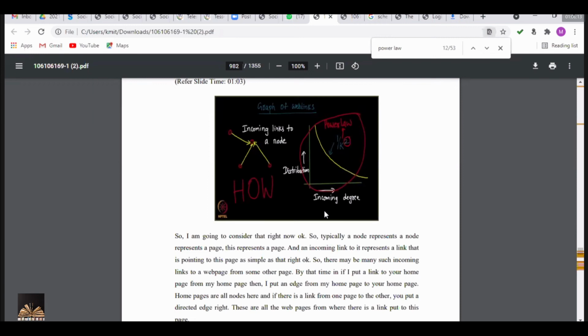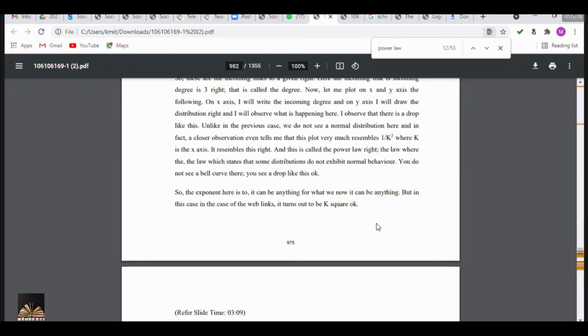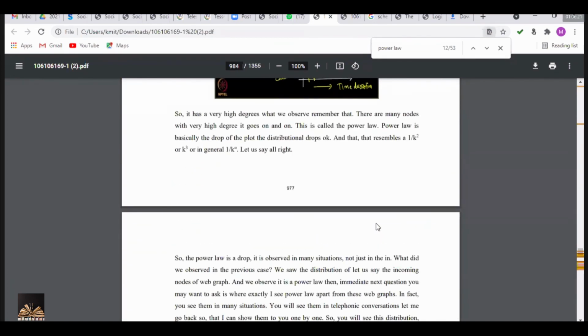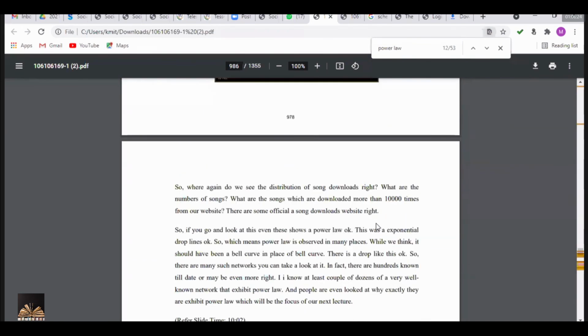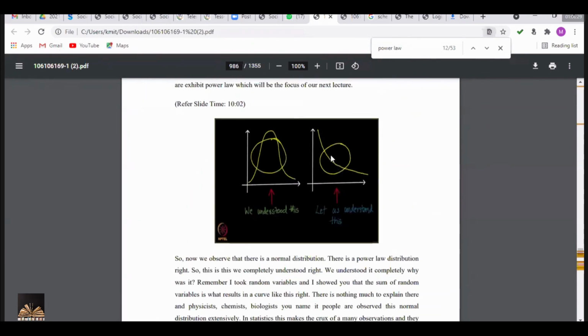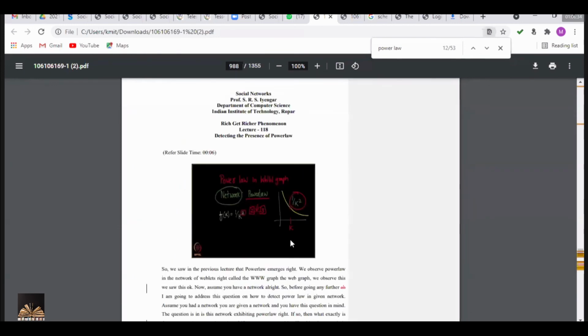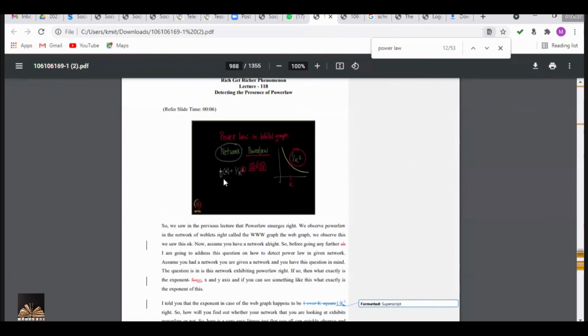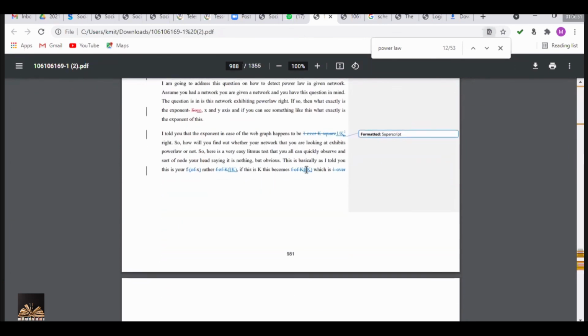If I represent the x and y axes, apply the logarithm on that, and get an equation representing a straight line, then I can say that the power law is applied there. So this is how we can take the formula: the fraction of k is equal to 1 by k square. The value of the exponent should be 2 or 3 to tell that the power law is there in the graph.